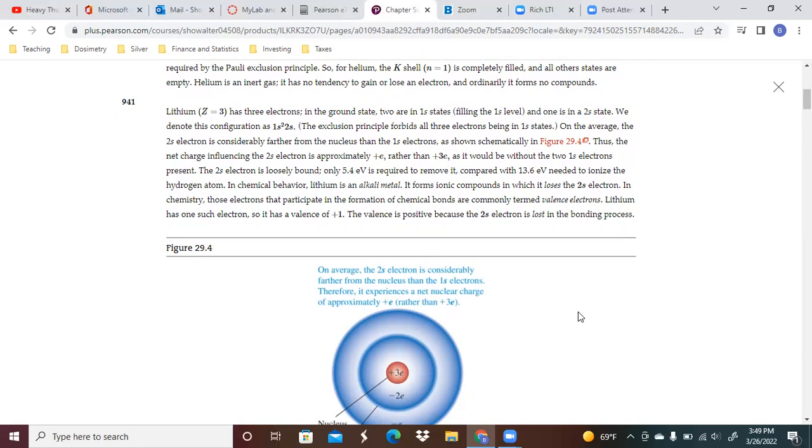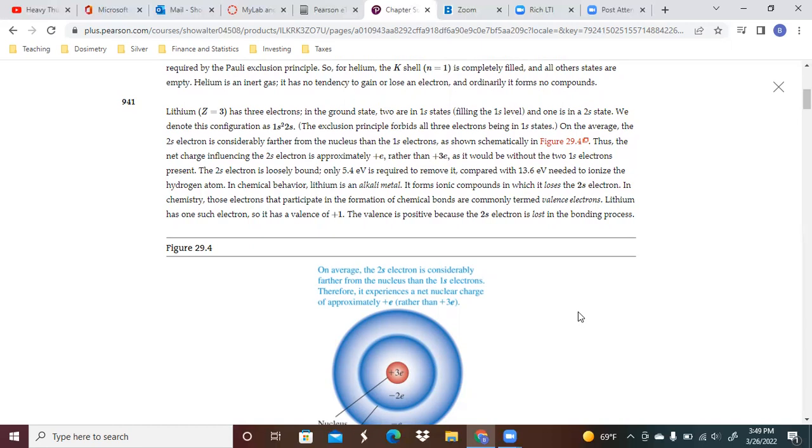Thus, the net charge influencing the 2s electron is approximately positive e rather than positive 3e, as it would be without the 2 1s electrons present. The 2s electron is loosely bound, only 5.4 eV is required to remove it, compared with 13.6 eV needed to ionize the hydrogen atom.